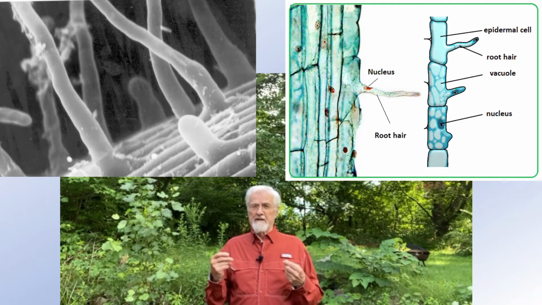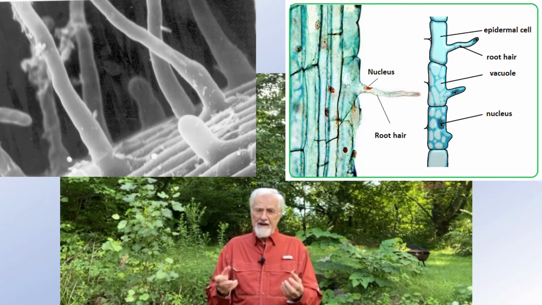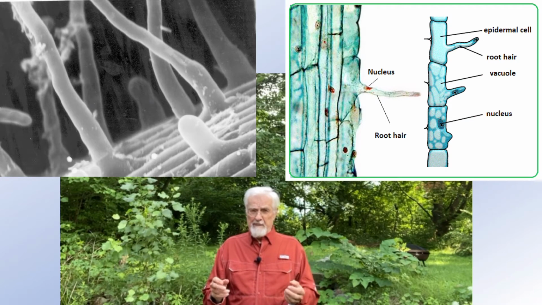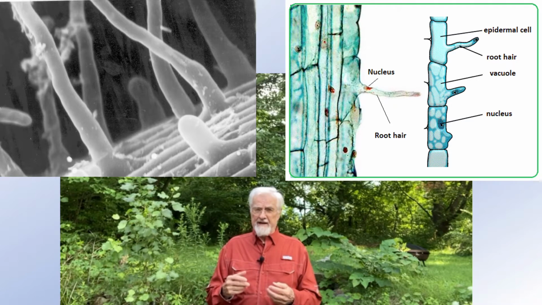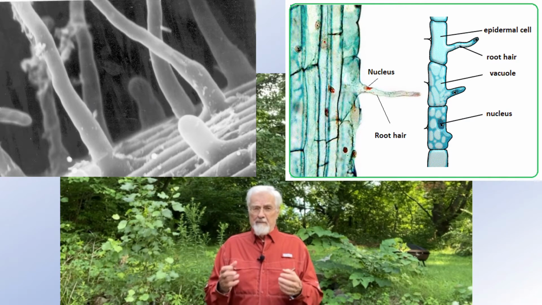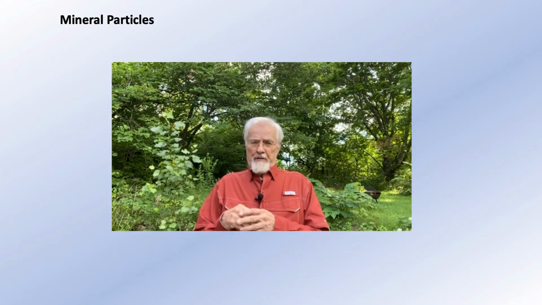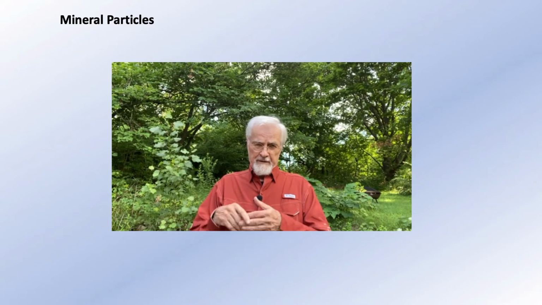Chemically speaking, it's a relatively complicated procedure, but from an ecological perspective, we can understand it fairly simply, and we gain a lot of understanding of the particularities of particular nutrient dynamics by examining exactly how that happens. So that's what the root hairs are about.